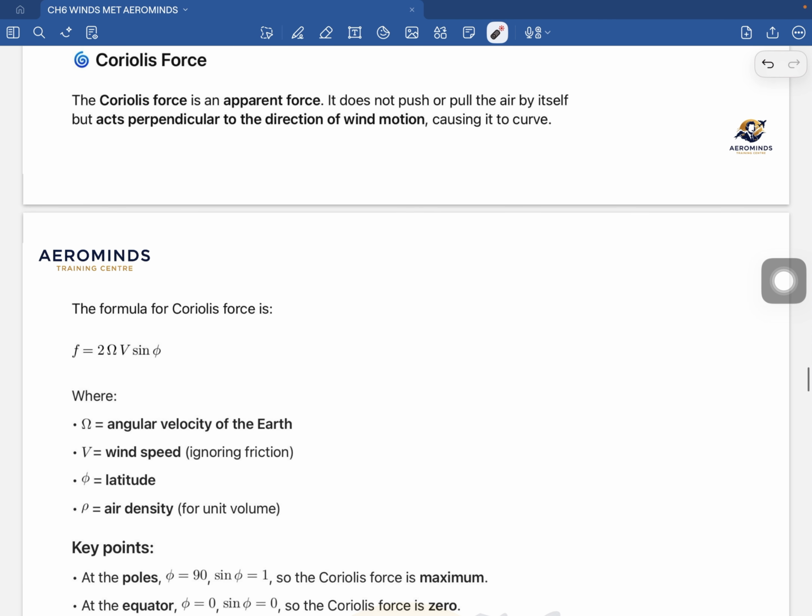Remember this. Okay, now let us look at the formula for Coriolis force. The formula is F equals 2 omega V sine phi. Remember this. Okay, now omega represents the angular velocity of the Earth. Angular velocity means how fast the Earth is rotating. Remember this.